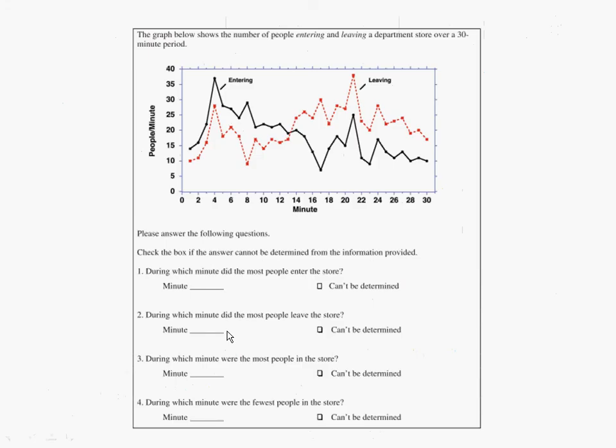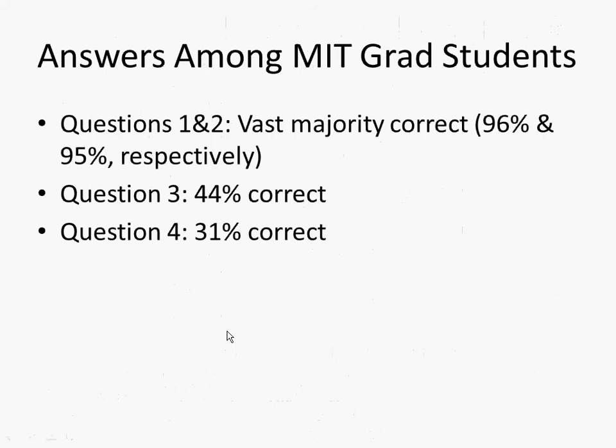So here's the shocking factoid. They give this quiz to MIT grad students who are from all around campus. Many of them from business school, but have had engineering backgrounds. And questions 1 and 2 on this quiz, most people get correct, 96 to 95%.